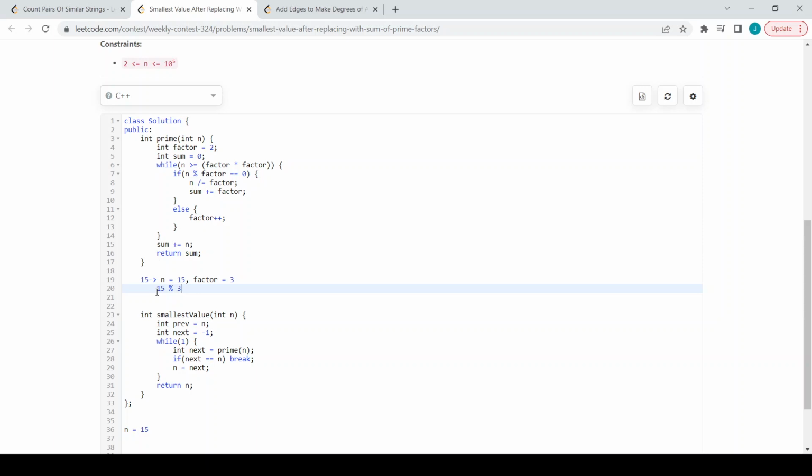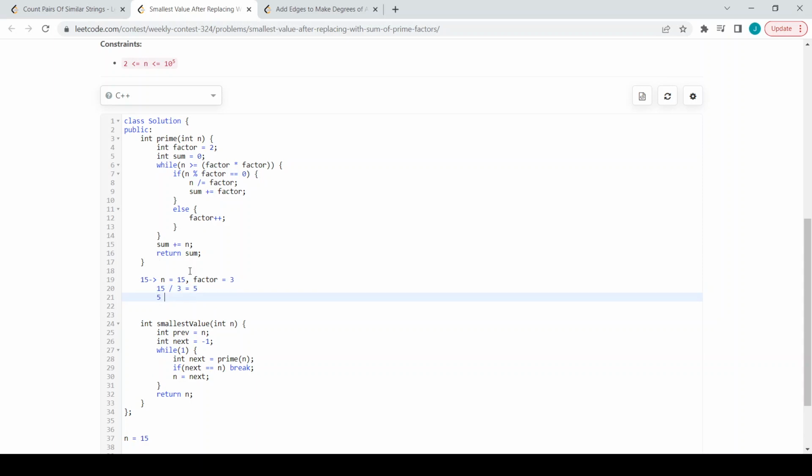So I'm adding 3 to my sum. Now in my next iteration, my n becomes 15 divided by 3, which is nothing but 5. As you can see, in my next iteration, 5 is greater than or equal to 3 into 3, which is 9. This condition fails, and I am coming out of this while loop. My sum will be containing 3 now.